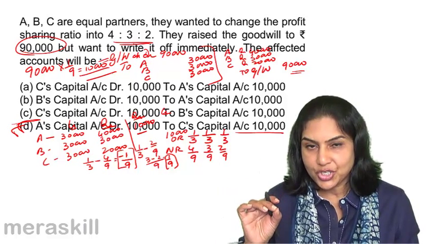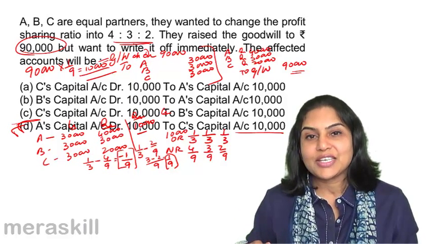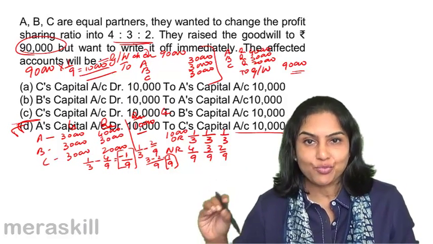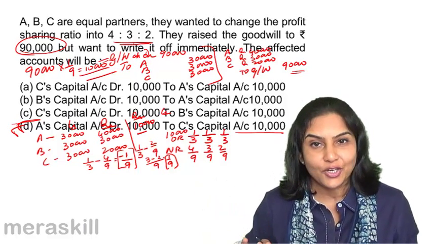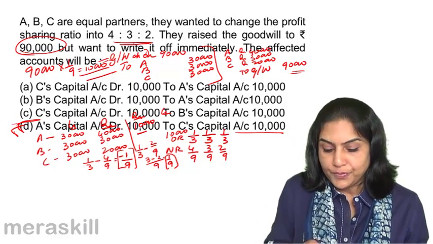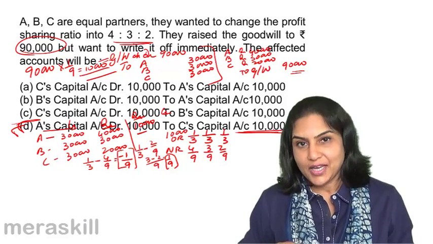Credit C's capital account with his share of sacrifice in the goodwill. So it becomes A's capital account debit to C's capital account by an amount of 10,000.